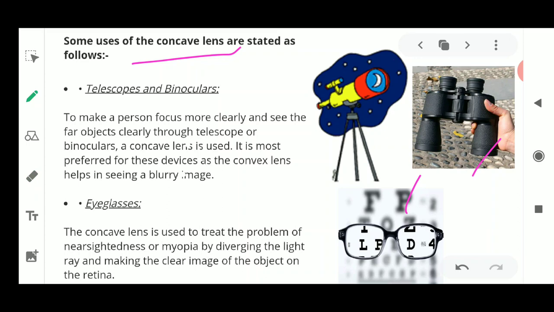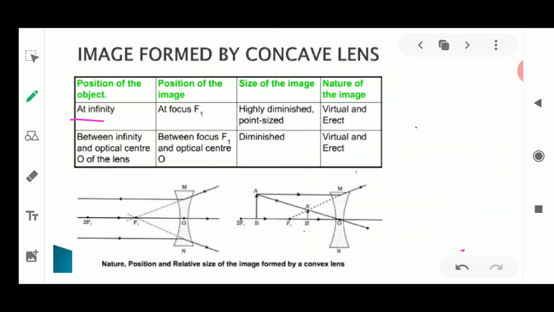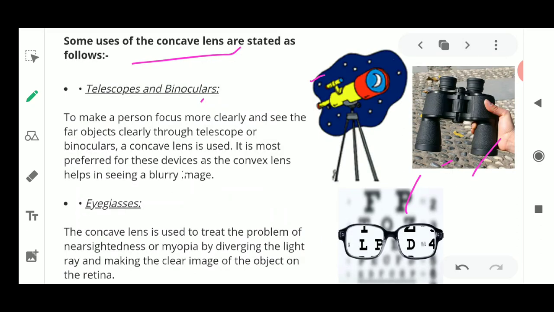Now these lenses are used in telescopes and binoculars, and I hope you all know what a telescope and binoculars are. This is the diagram of the telescope, and the next diagram is of the binoculars. A telescope is an instrument used to see things present at infinity. Just now I discussed that whenever the object is at infinity, you can always see the image by adjusting it with the help of a telescope.